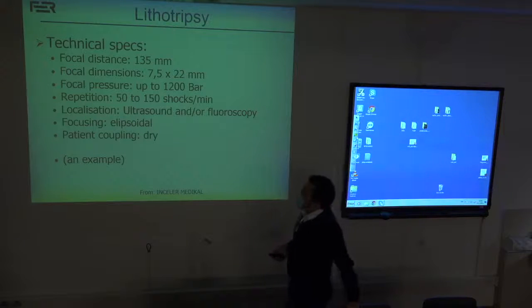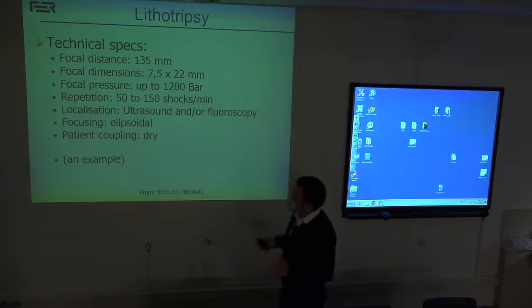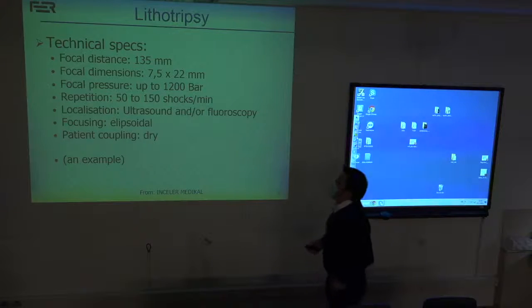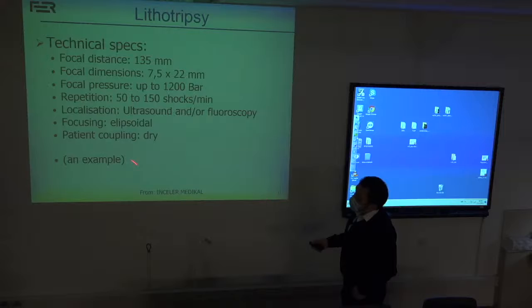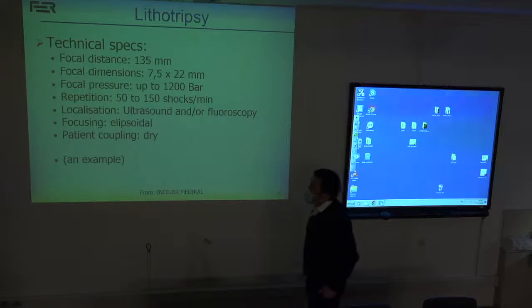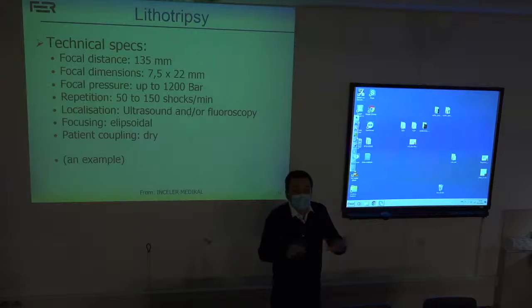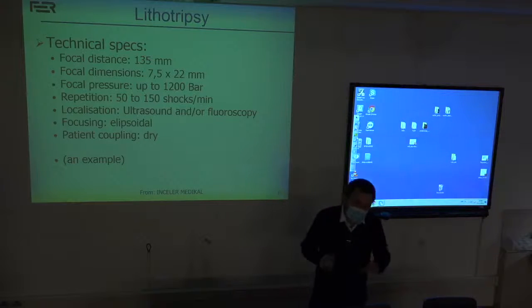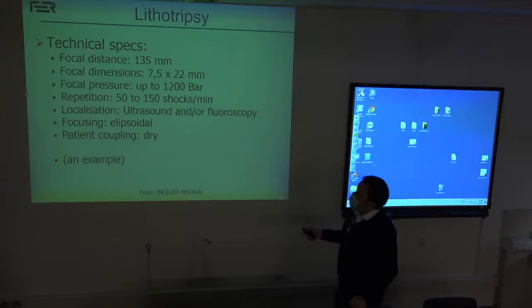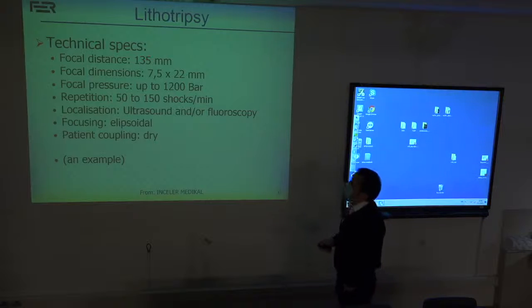So for such devices, and that's just one example, these kinds of devices are very different from different producers. But anyway, just to get the idea, the focal distance is 135 millimeters.